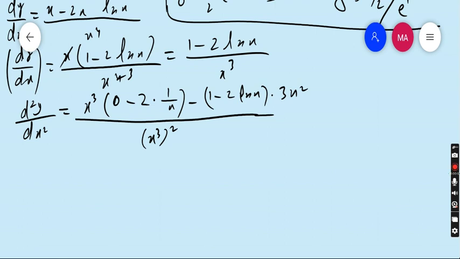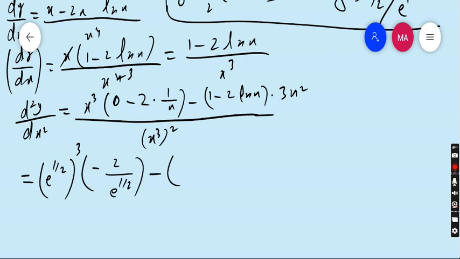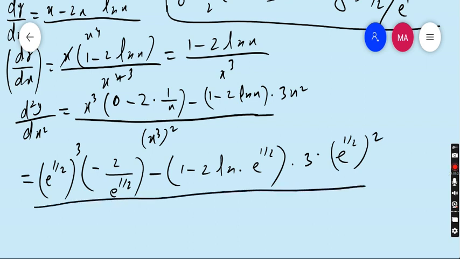So x cube is e power half cube. 0 is nothing, minus 2 upon x, x is e power half, minus 1 minus 2 ln x, e power half, dot 3x square, e power half square, upon x cube to the 6, x is e half, and cube to the 6.